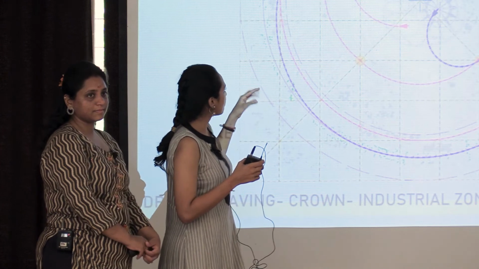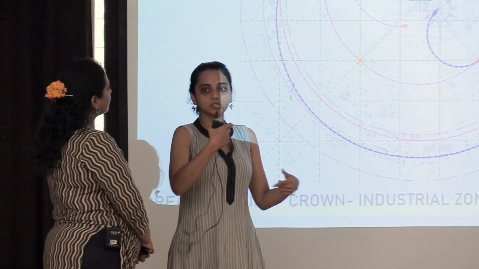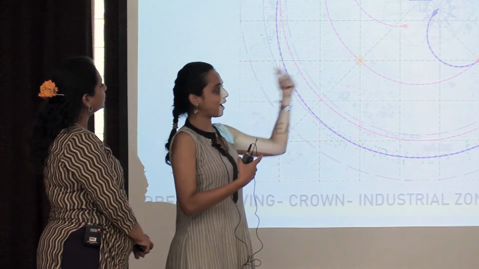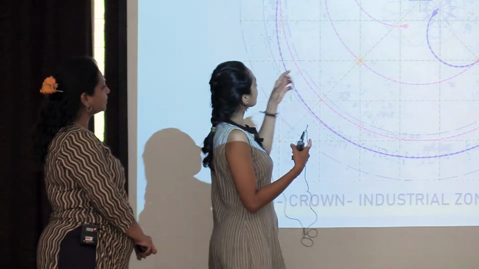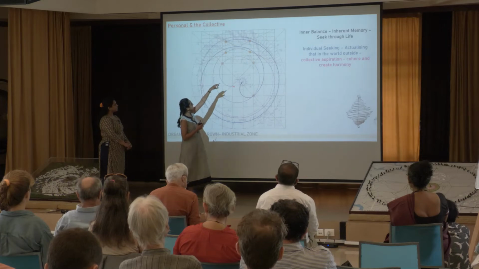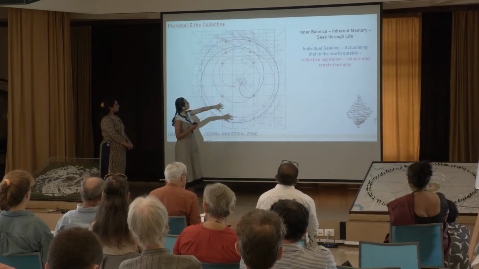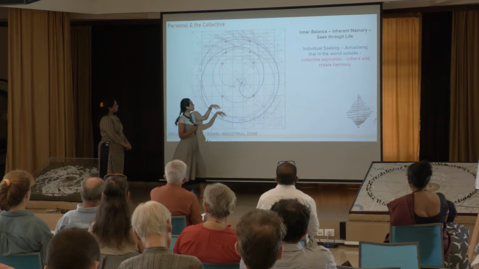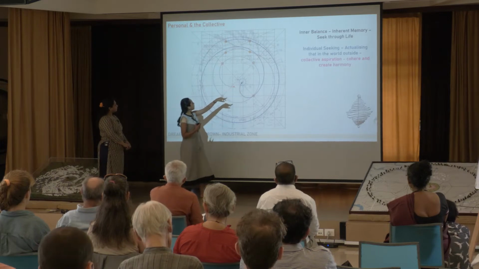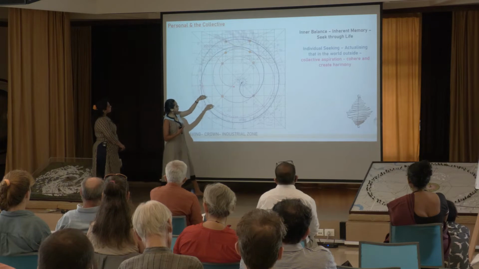So there is this movement of the individual journey, which is anti-clockwise, going inward. And so we try to connect the marmasthanas of the part, the whole, to the symbol of the inner reflection, Matrimandir. So that's the anti-clockwise movement.